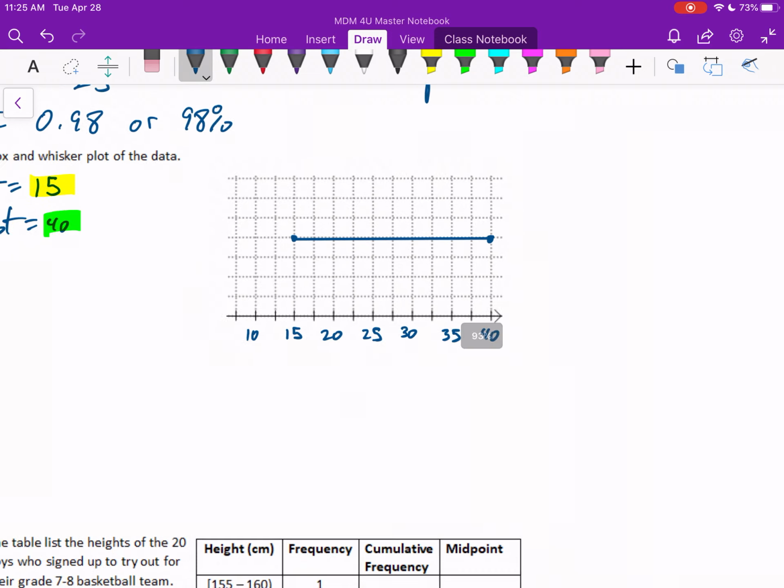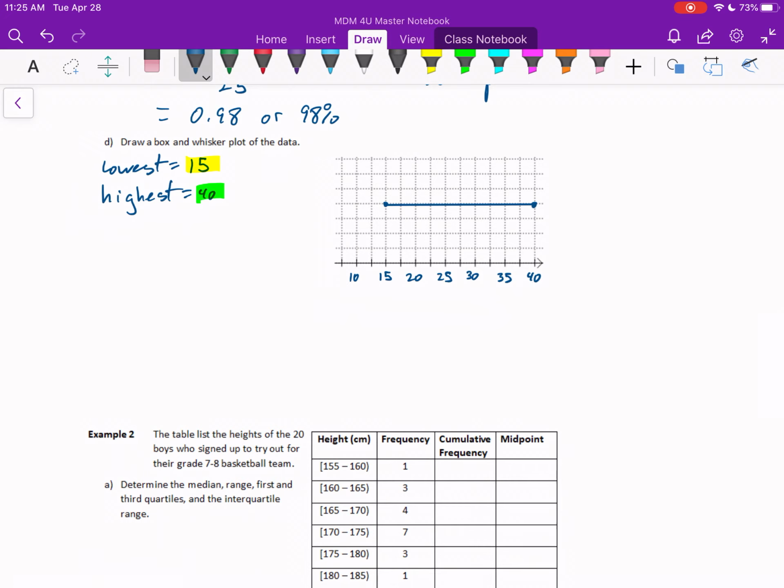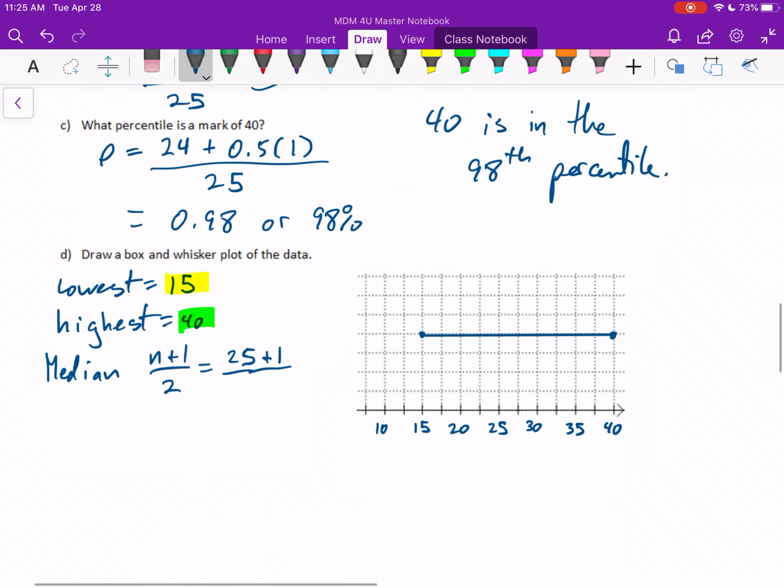Okay, so we saw up above that we have to have a line. Now there's going to be a box in the middle. That's where Q1, Q3, and the median are going to come from. So calculating the median, we saw this last lesson. The easiest way to do that is n plus 1 over 2. In other words, the number of pieces of data, which in this case was 25 marks.